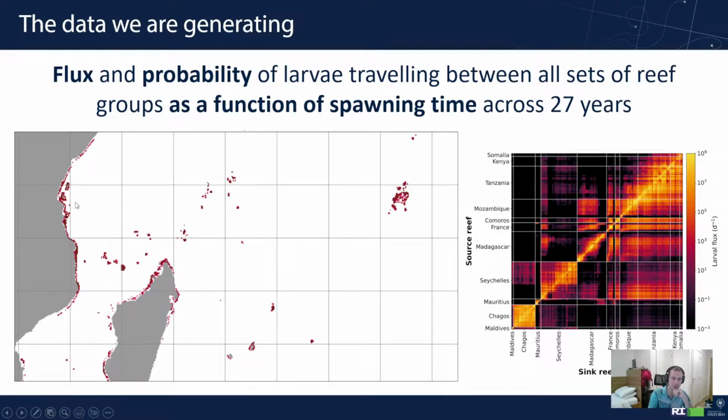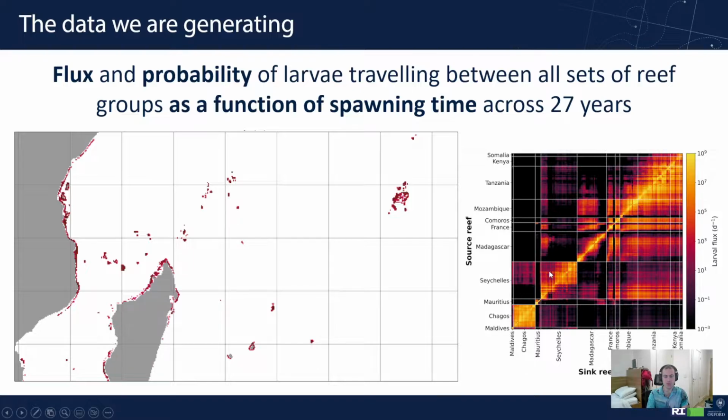And this figure on the left just shows all of the coral reefs we've incorporated in the simulation. So this should hopefully be a really comprehensive overview of all coral reefs in the region. And on the right, we've just summarized these predictions in a connectivity matrix where more yellowish colors show stronger connections from origin reefs to sink reefs.